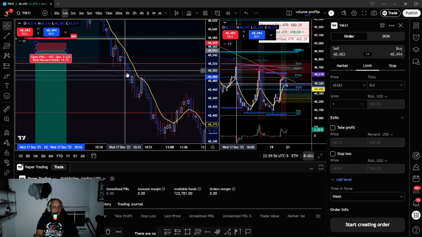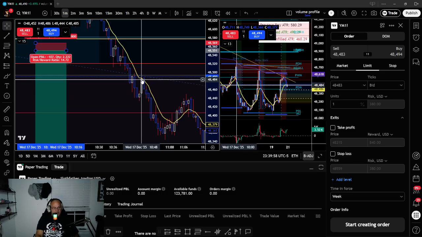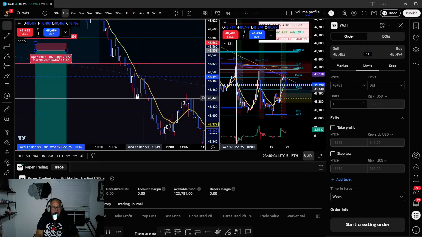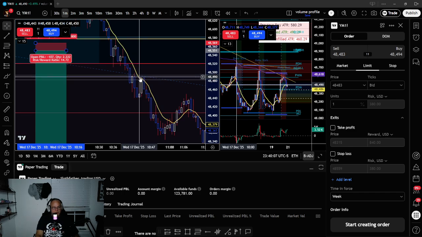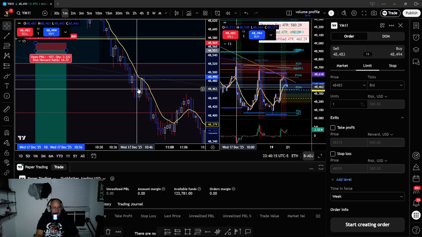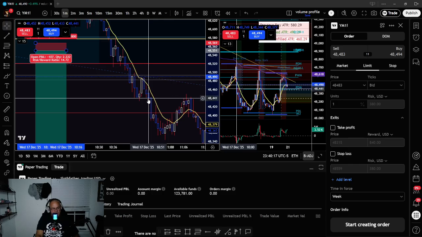Now, as we're coming down, I'm looking for these pullbacks to the 9 and then looking for price to go below the body of this candle here. When that happens, I'm going to pull my stop down to here. Now, I like to see 2 candles, which is why I wouldn't do it here. I like to see 2 candles push up and then push back down, and we break that low.